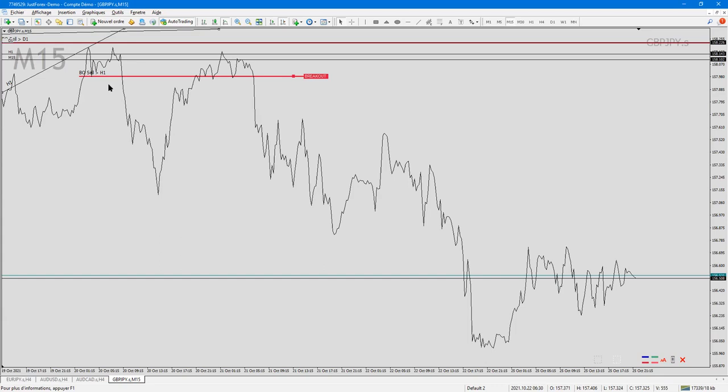All right. So M15 breakout, we got this one. Breakout sell, and another breakout sell.